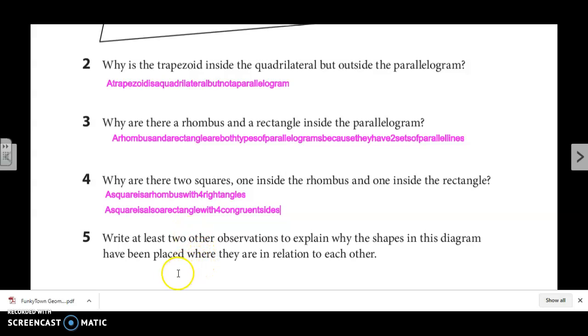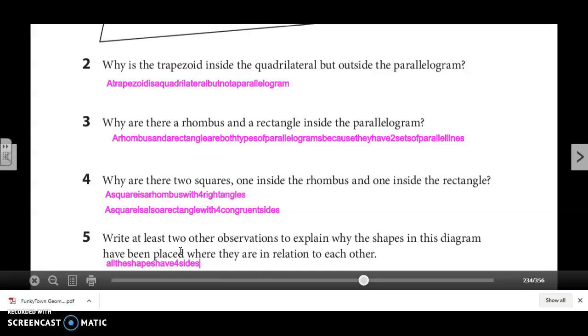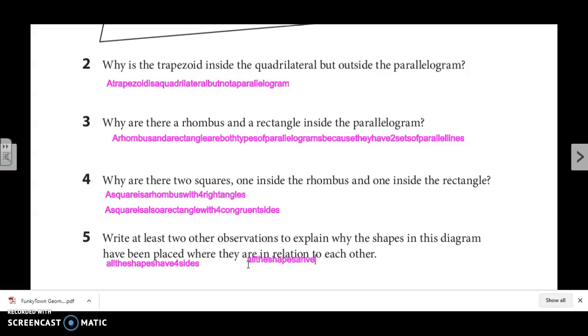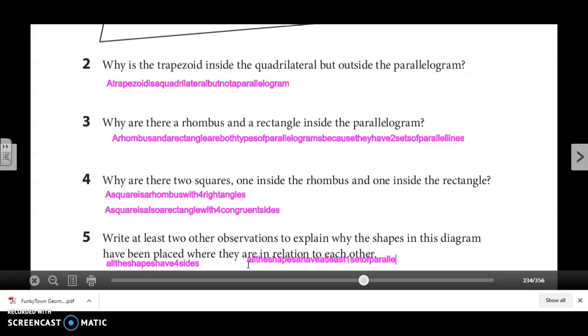Number 5 says write at least 2 other observations to explain why the shapes in this diagram have been placed where they are in relation to each other. Well, we could say a number of things. All the shapes have 4 sides. We could also say all the shapes have at least one set of parallel sides.